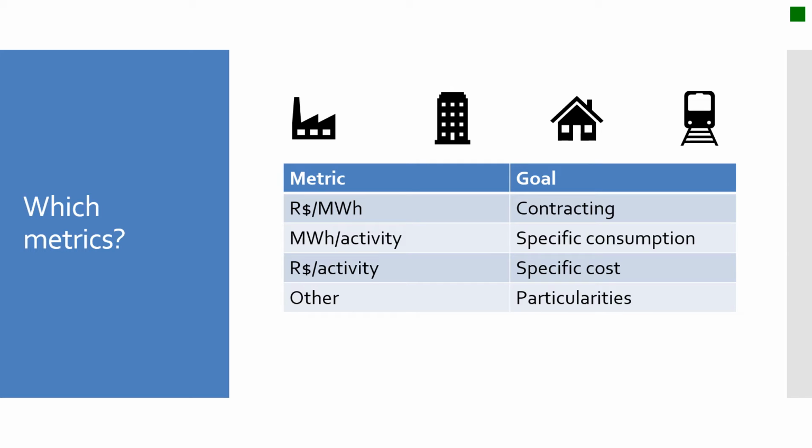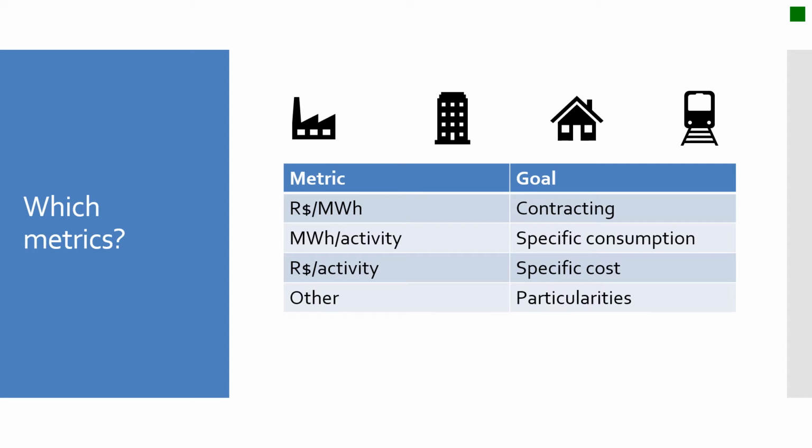First, the cost per megawatt hour. It's basically depending on the contracting ways you came up with to make sure you have all the necessary power available. The second metric is about the energy consumed per activity.